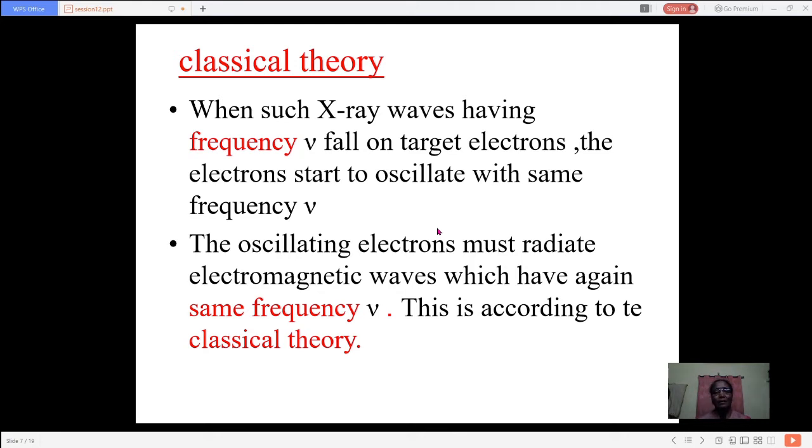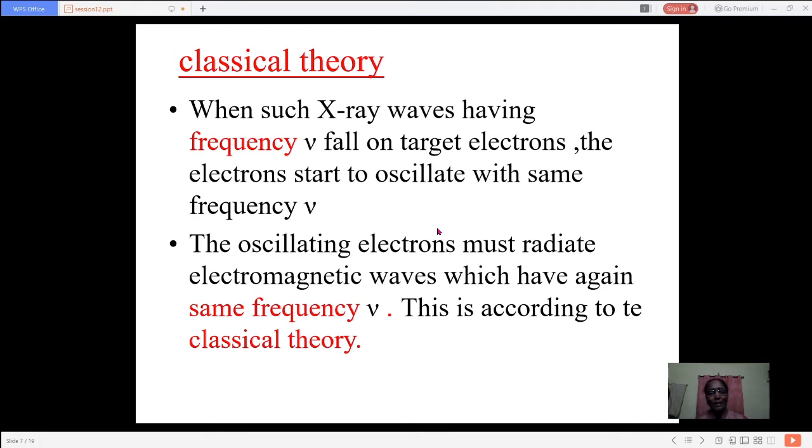Classically, let's see if it can be explained. So what is the classical theory? When the X-rays fall upon the target electron, it will make the electron oscillate, and the electron will oscillate with the same frequency as that of the incident radiation.